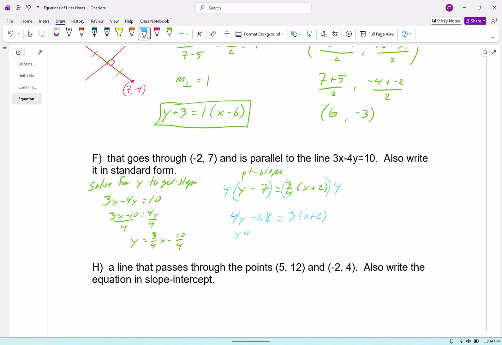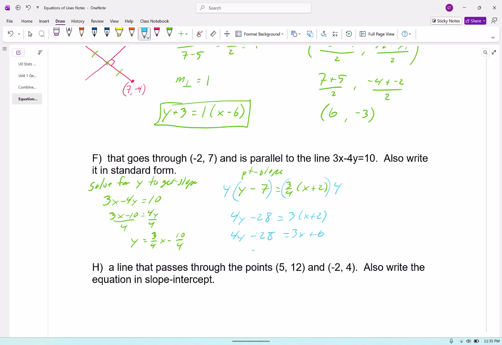So I get 4y minus 28 equals 3x plus 6. So I have to rearrange. I want x to be positive, so I'm going to subtract 4y from the left side and the right, and I'm going to subtract 6 from that.